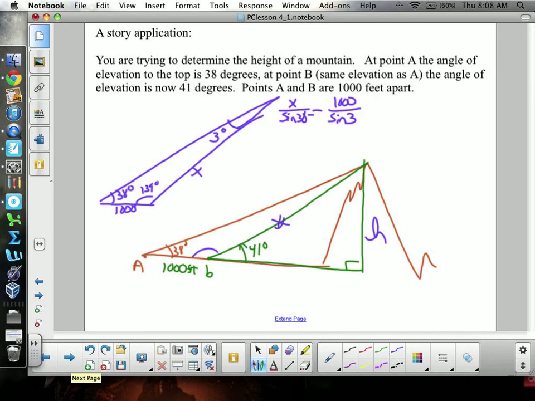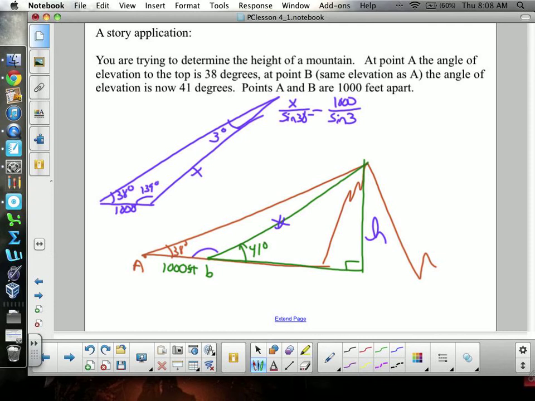So 1,000 sine 38, close parentheses, divided by sine 3. I say close parentheses every time because somebody's going to forget to close their parentheses.